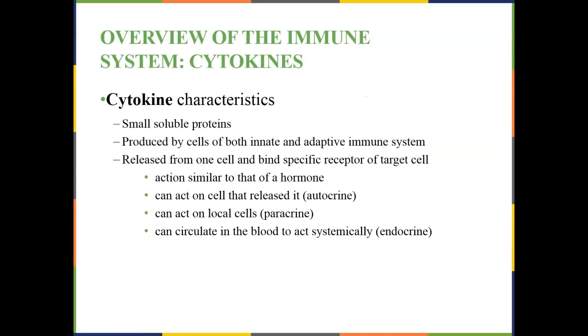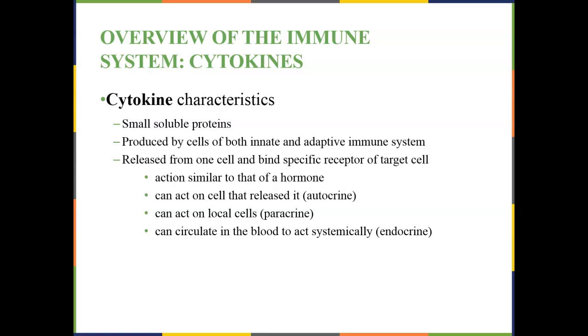Many of our white blood cells can produce chemicals called cytokines that are going to influence either non-specific or specific defenses. And so our eosinophils release chemicals that help in producing inflammatory responses or help in decreasing inflammatory responses. We have helper T cells that produce chemicals that activate immune system cells.